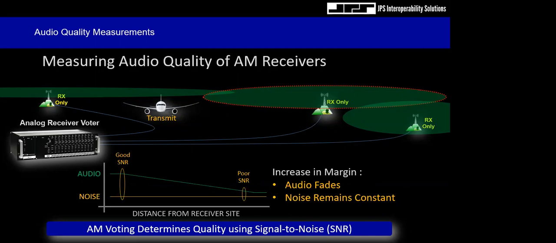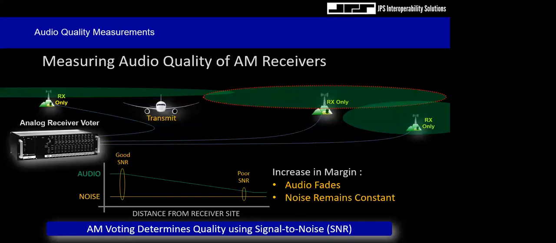This is interesting because you notice that the noise stays constant even with margin, because the noise is actually thermal noise generated at the receiver site, and that never changes. Whereas in the FM example, you notice the noise increase as we created margin, and that's because of the FM limiter. So in this situation, we use signal to noise ratio.